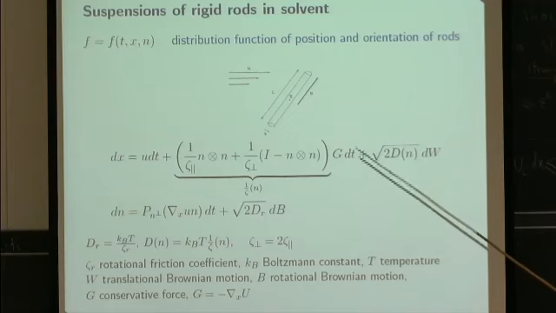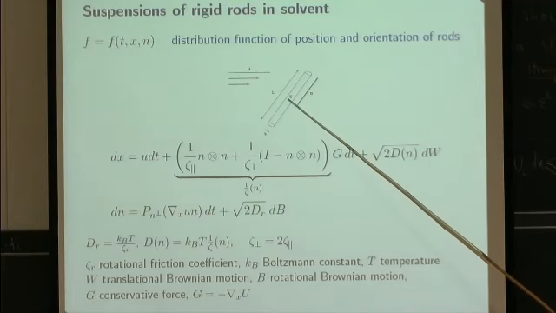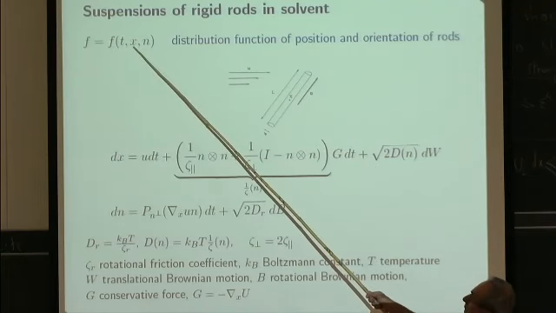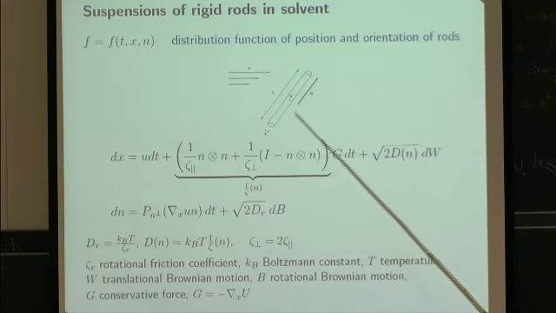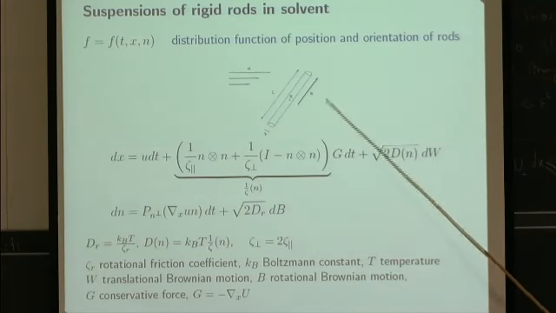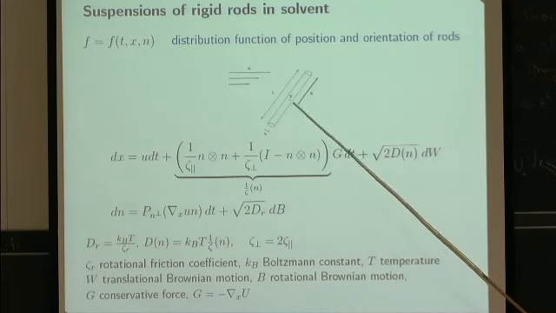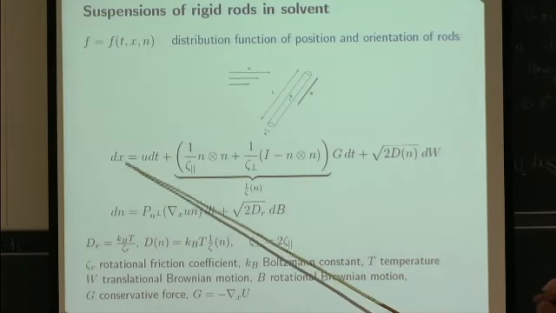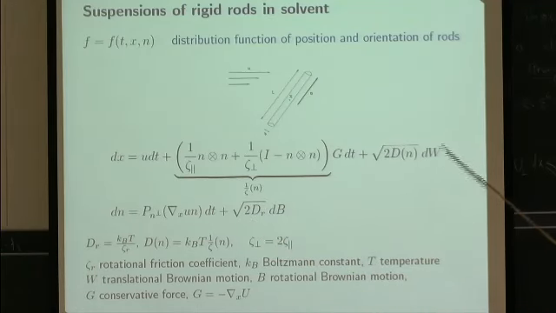All right. So the equations for this kind of particles need to be described by two variables, the position x and the orientation n. And they are friction theories. Okay. So they are of the type dx/dt is equal to something.